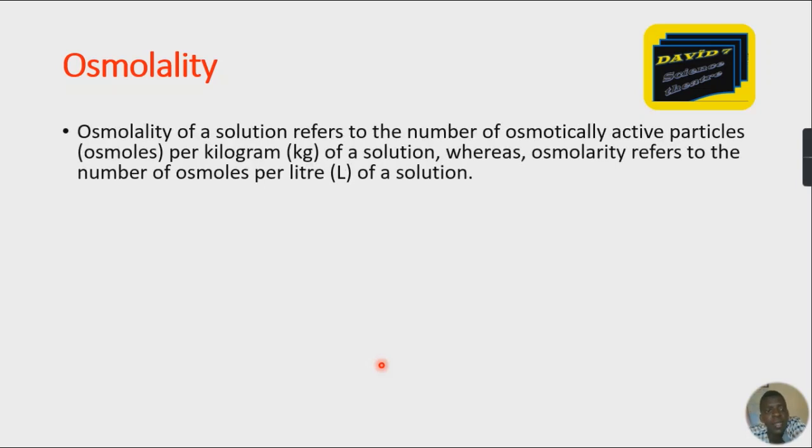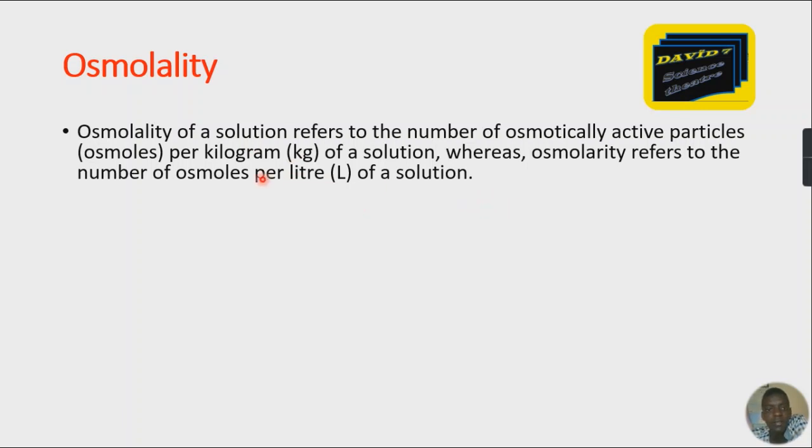Osmolarity of a solution refers to the number of osmotically active particles, call them osmols, per kilogram of solution. Okay, you see this? Where we have osmolality, we also have osmolarity.